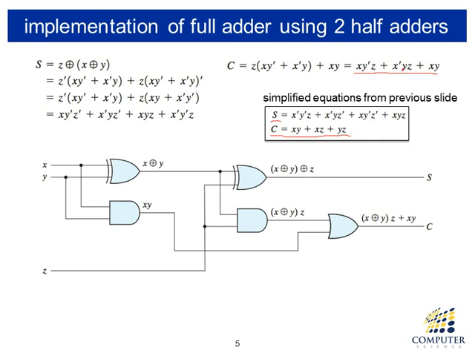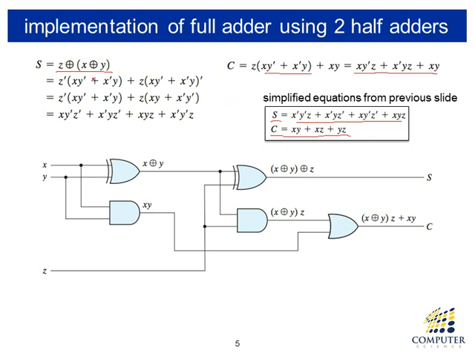If we use this expression, then we find that this part is x exclusive OR with y, and those are already used in the expression for S. Expression for S, if we manipulate those expressions, then we will find that that expression is nothing but an exclusive OR of all those three inputs.